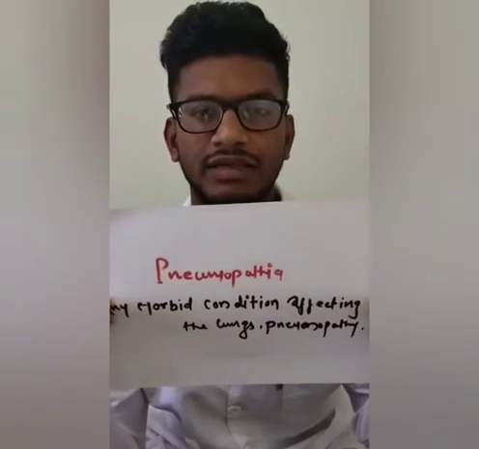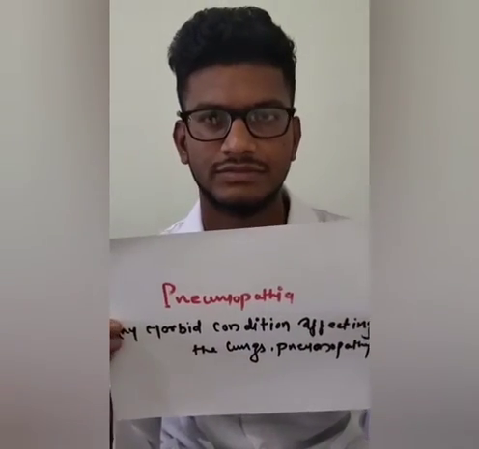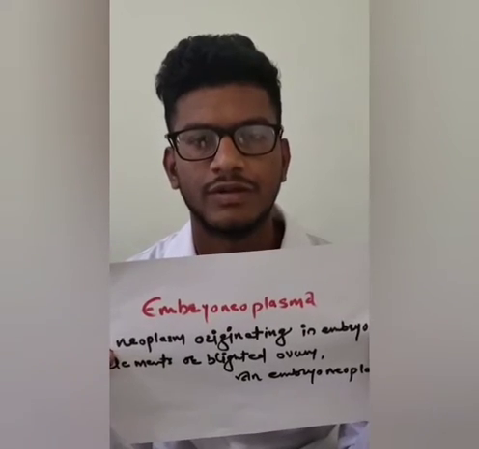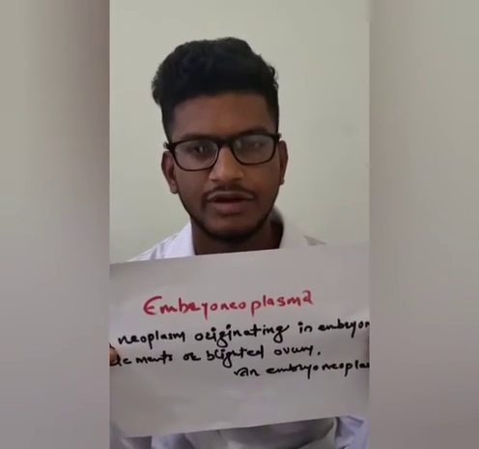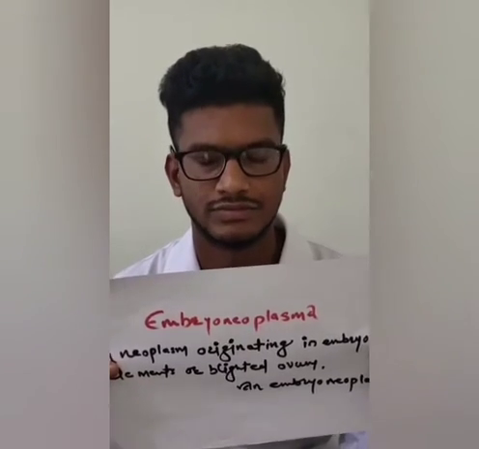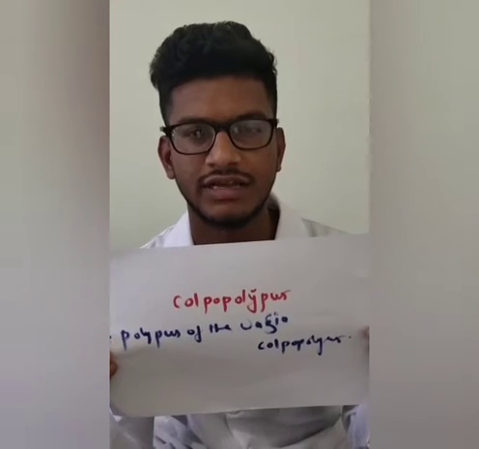Sixth one, pneumopathia, any morbid condition affecting the lungs, pneumopathy. Seventh one, desmopathia, any disease affecting the ligaments, desmopathia. Eighth one, embryoneoplasma, a neoplasm originating in embryonic elements or a blighted ovum, embryoneoplasm. Ninth one, colpopolypus, a polypus of the vagina.